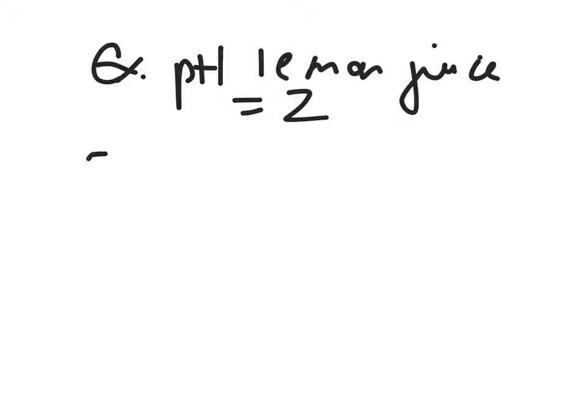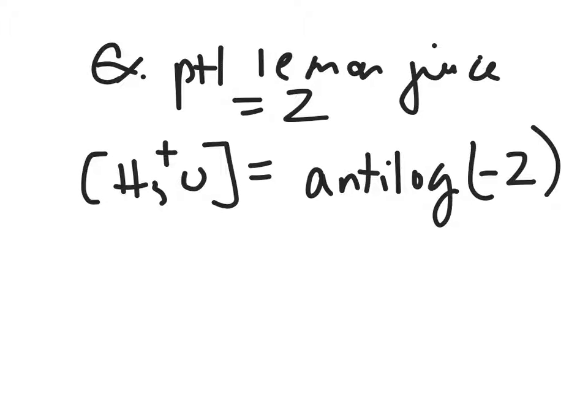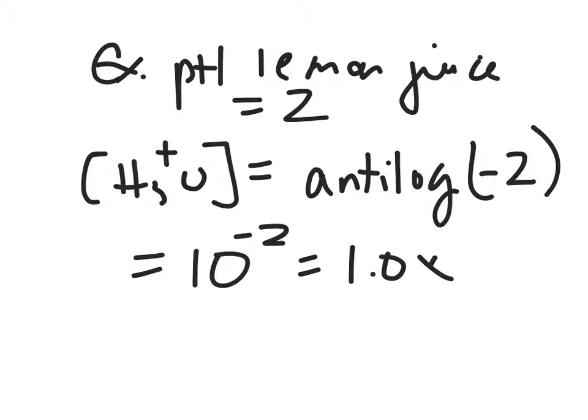Well, the concentration of H3O plus, to work this problem backwards, would be the antilog of the negative pH value, so the antilog of negative 2, which is 10 to the minus 2, which is 1.0 times 10 to the minus 2 molar. And we will practice in class taking logs and antilogs on our calculators.